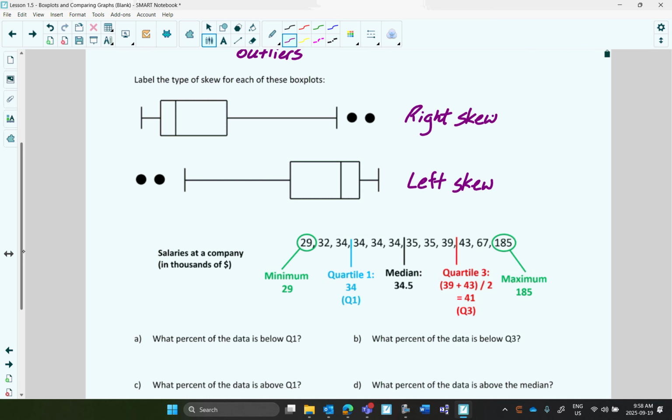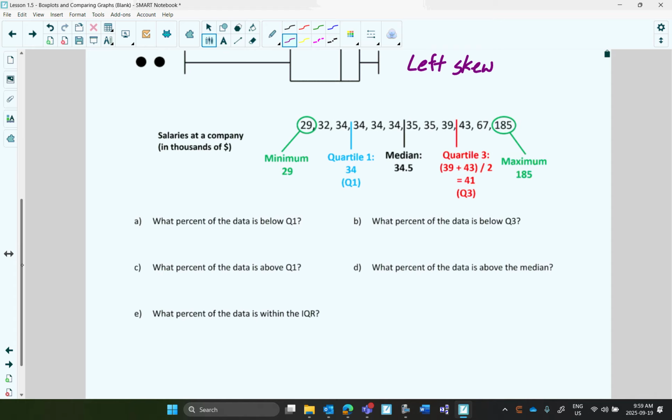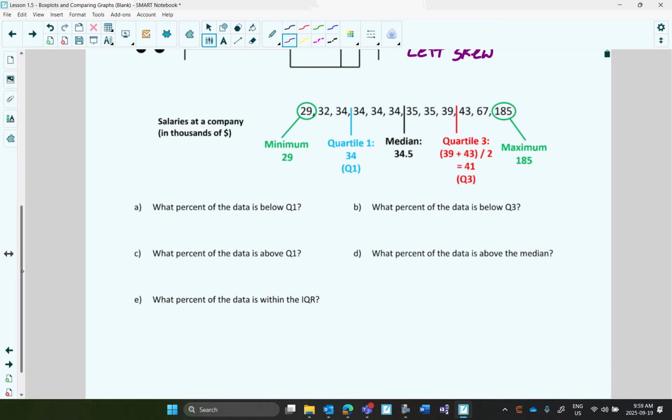Okay, so going back to our salaries example, something that you should be familiar with. What percent of the data is below Q1? Look at it. Look how it's split. What percent? 25%.